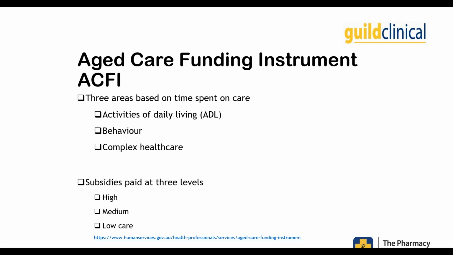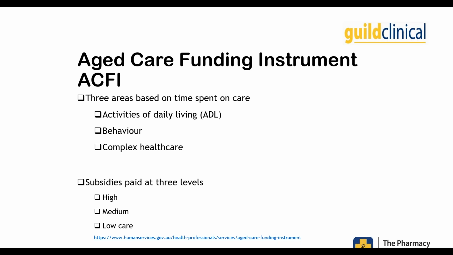Behaviour might be if someone is wandering and they need someone to chase them up all the time. Complex healthcare might be giving insulin, some kind of injection on a regular basis.